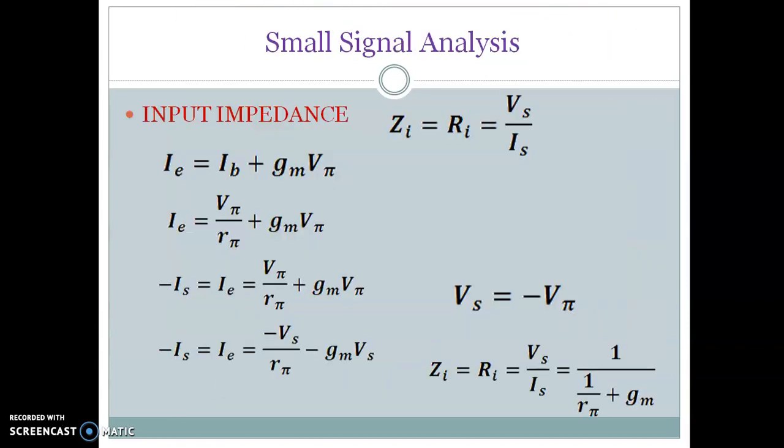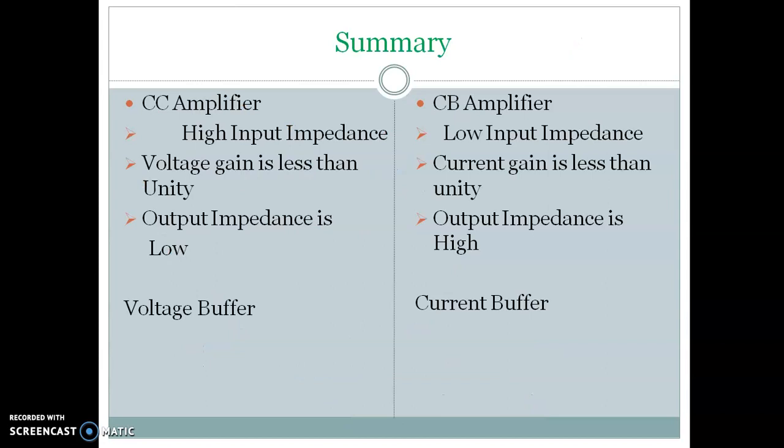So it has a high input impedance, the voltage gain is slightly less than 1, and the output impedance is going to be very, very low, because we got it as Re parallel R pi divided by 1 plus Gm R pi. So it is of very low quantity. Therefore we can use this CC amplifier as a voltage buffer. The voltage gain is approximately 1, but the impedance transformation takes place from a high input impedance to a low output impedance.